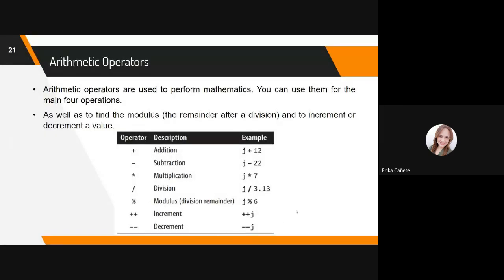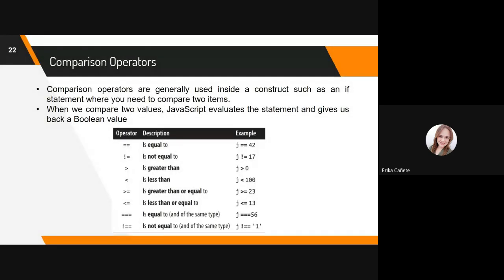Arithmetic operators are used to perform mathematics. We have addition, subtraction, multiplication, division, modulus, increment, and decrement. This is somewhat a review for you. We can also use comparison operators. They are generally used inside a construct such as an if statement where you need to compare two items.